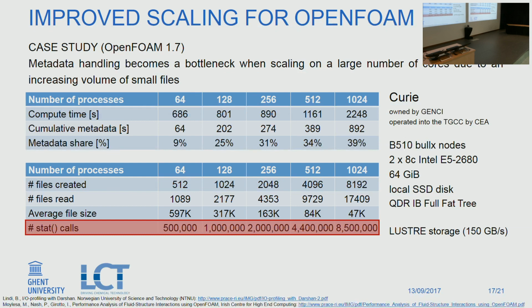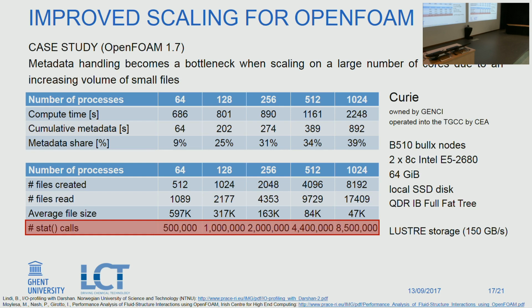The number I want to focus on is stat calls. That's a call OpenFOAM makes to check whether the modification time of a file is more recent than when the last time step started. That's the way it implements the runtime modifiable option. That's what they saw when they were benchmarking it.